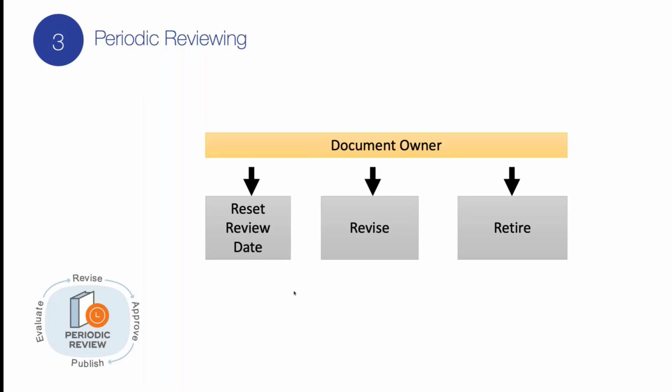And a good example in our current climate is COVID-19 recommendations for cleaning, remote working, etc. A lot of that may not be required within a year's time. So those documents can be retired.